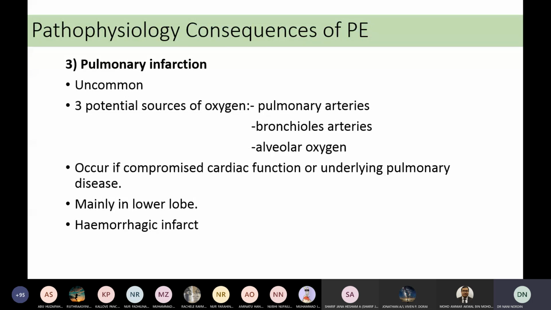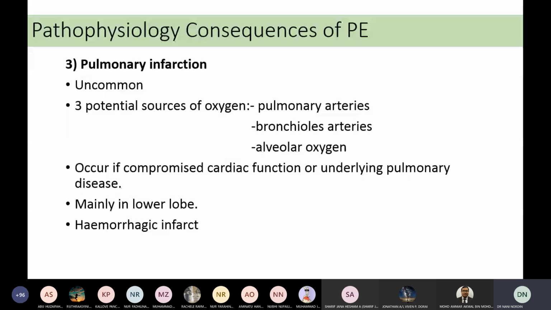Typically in the lung, you will have a hemorrhagic type of infarction. Because in the lung, you don't only get your oxygen supply from your pulmonary artery. You will also have oxygen from your bronchial artery, a branch of your aorta which supplies oxygen to the lung as well. And you also have a lot of oxygen from your alveoli. So it is not easy for lung parenchyma to have infarction.